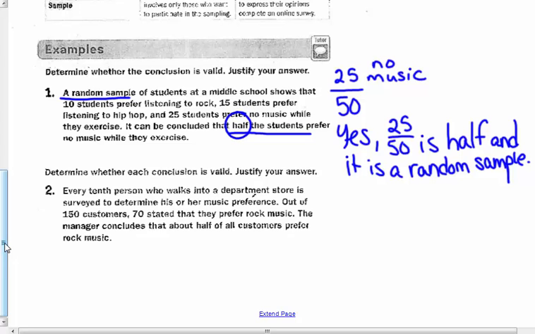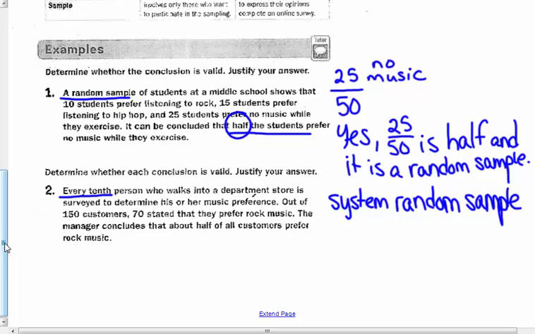It doesn't say exactly half, it says about half. So every 10th person, that's a systematic random sample. That's a good thing, because you want it to be random.